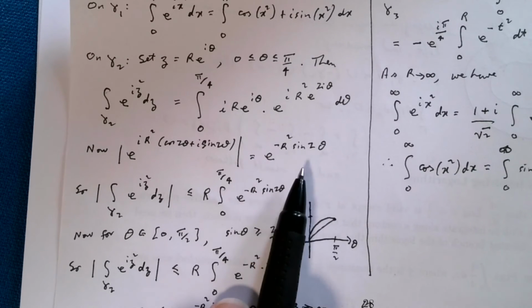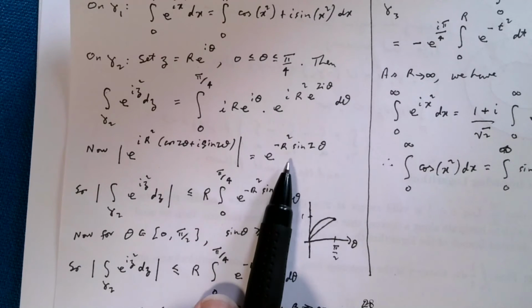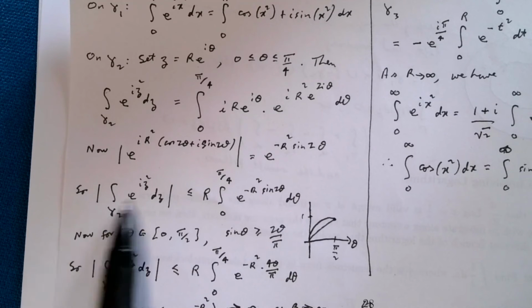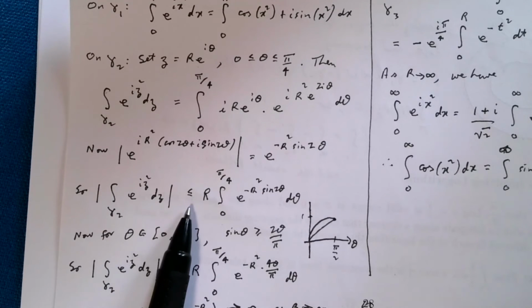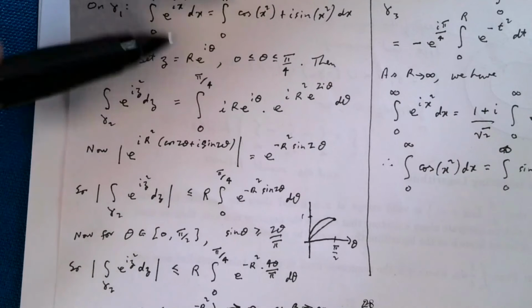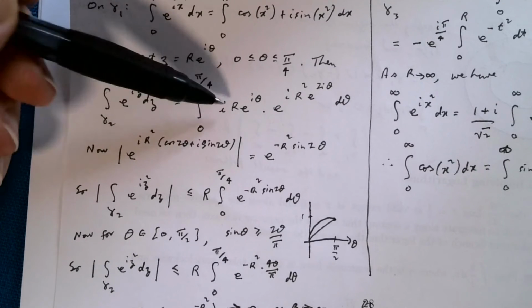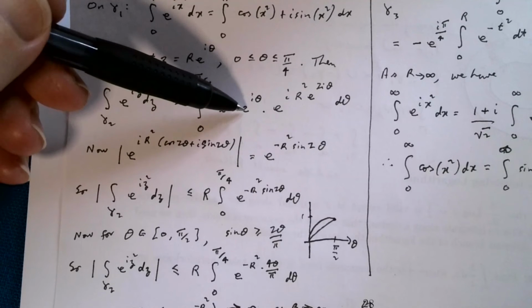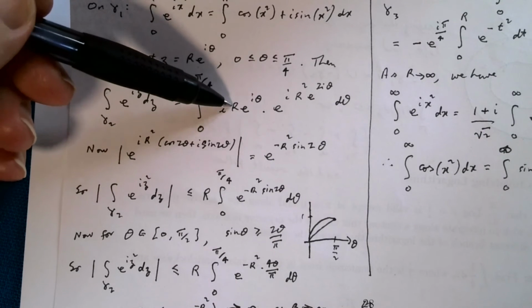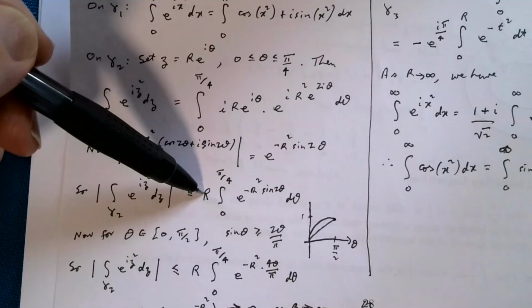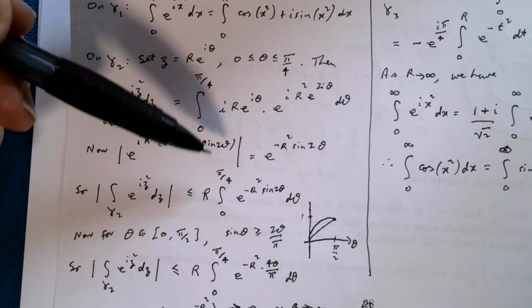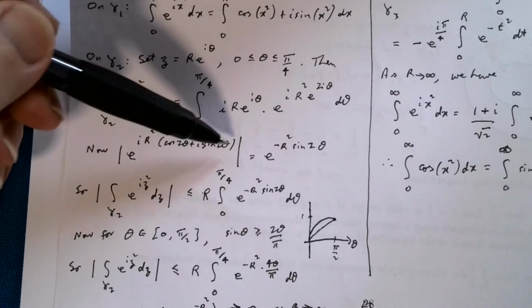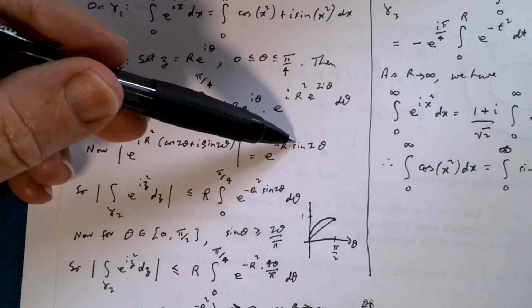Now we can say that the size of this integral is less or equal to the modulus of everything back up here. The modulus of i is 1, the modulus of e to the i theta is 1, r is real so that just comes out, and I'm left with the modulus, which was equal to that, so I can replace it in here.